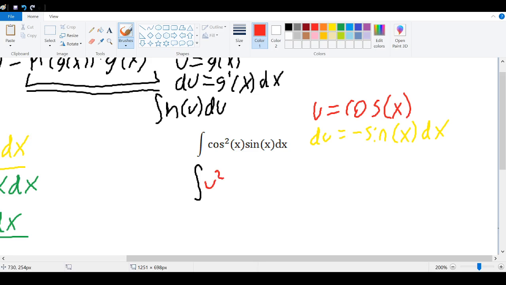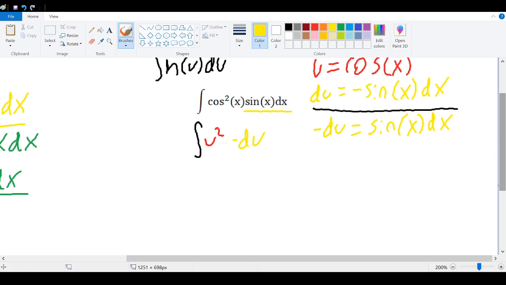And now this sine of x dx we can replace with a negative du, because if we look at this equation right here, we can see if we multiply both sides by -1, we'll have negative du is equal to sine of x dx. And so sine of x dx is exactly what we have right here. So let's just replace that with negative du.